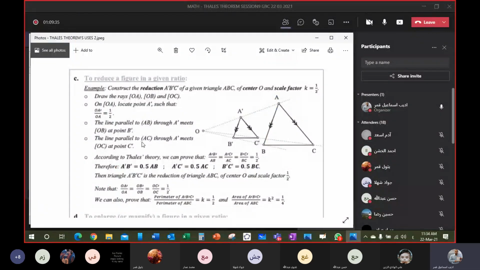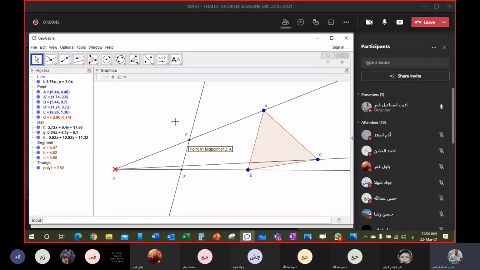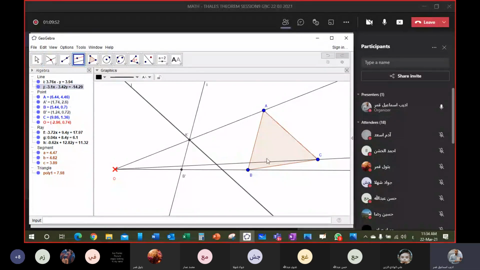Also, the line parallel to AC through A prime meets the ray OC at point C prime. The same, through A prime, we take a parallel line to AC. The line passing through A prime parallel to AC cuts the ray OC.